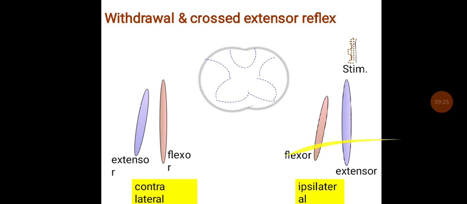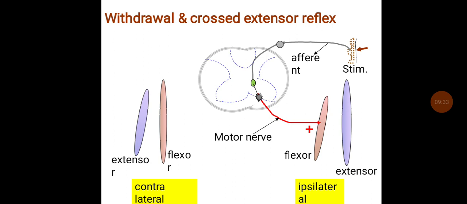This diagram shows the withdrawal reflex. When the skin is stimulated, it causes flexion effect on that muscle, extensor muscles are relaxed, and the flexion is facilitated.